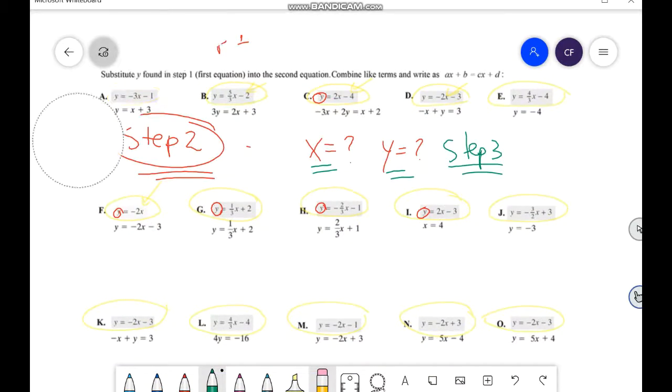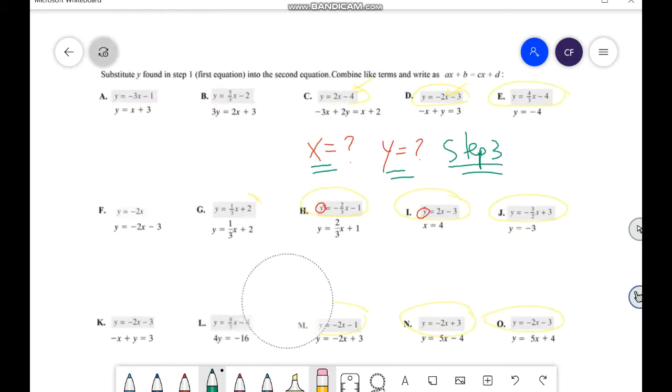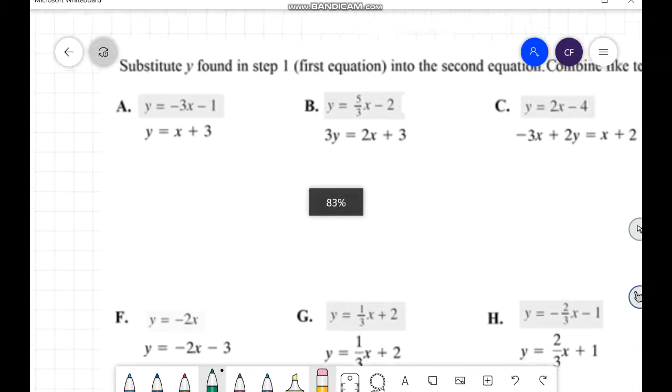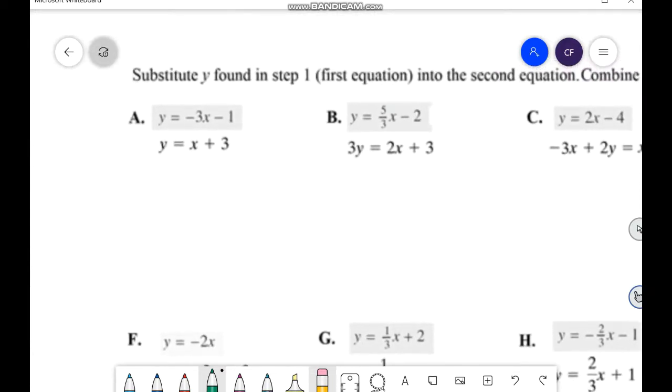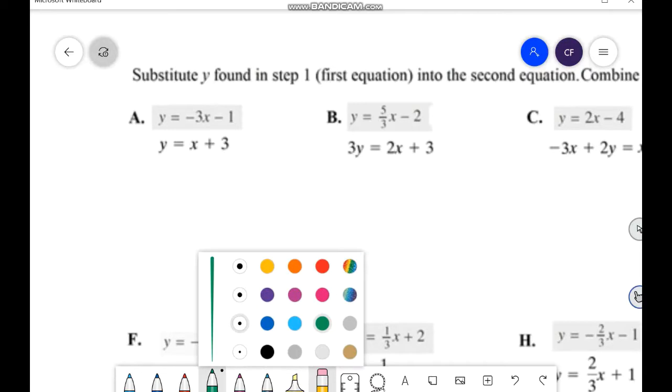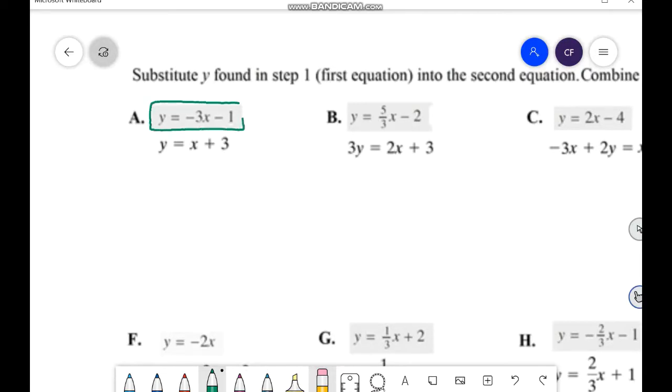And let me clean everything. Let me clean this up. Okay, and I will show you the first question, letter A, and how to work this out. So we have here letter A. This is the answer for yesterday's quiz.